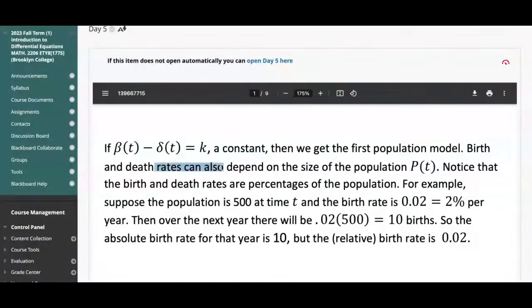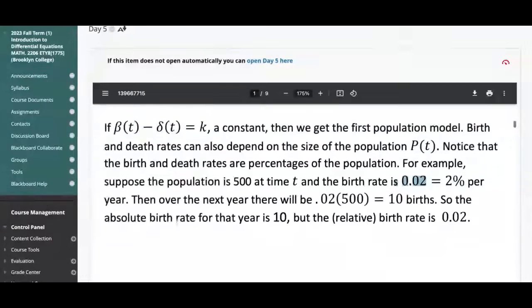Birth and death rates can also depend on the size of the population, P of t. Which means these two can be functions of t, compositional functions. Notice that the birth and death rates are percentages of the population. For example, suppose the population is 500 at time t, and the birth rate is 0.02, which is 2% per year.